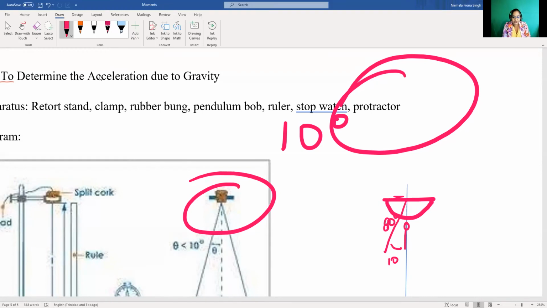But as you go through the lab, you're going to realize how to release it. You're not throwing it, you're not flinging it. You're just holding it and releasing it, let it move under gravity, and it's going to get a nice smooth motion back and forth. So you can use a protractor to find out your 10 degrees. This is up in the Moments handle that I just posted, so I put everything together.